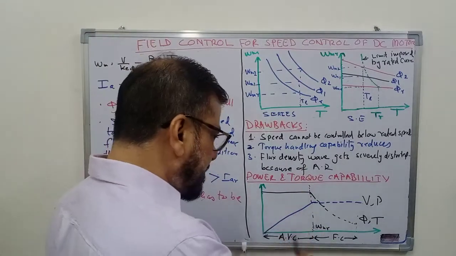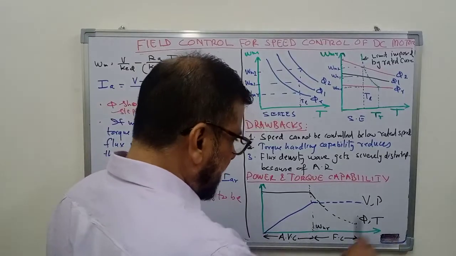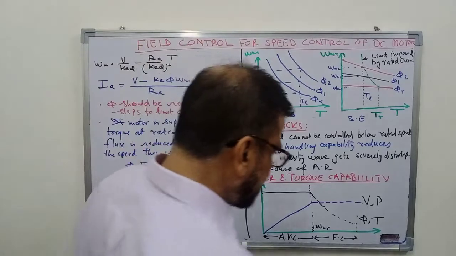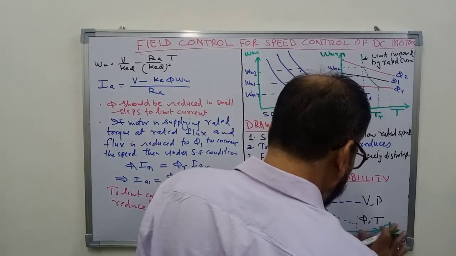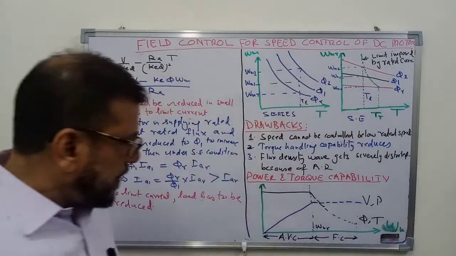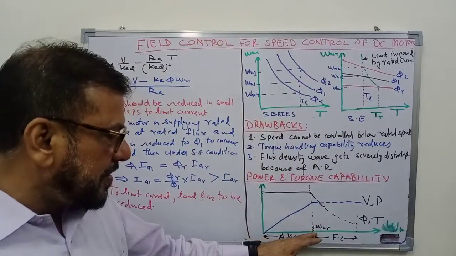This curve shows the speed range here. Below the rated speed, this is rated speed.